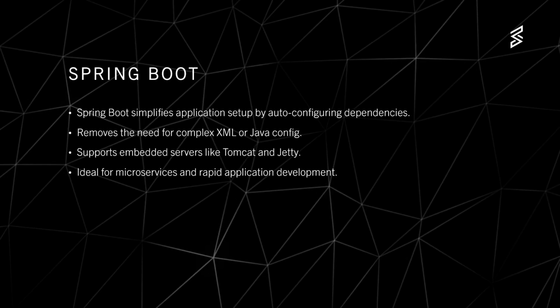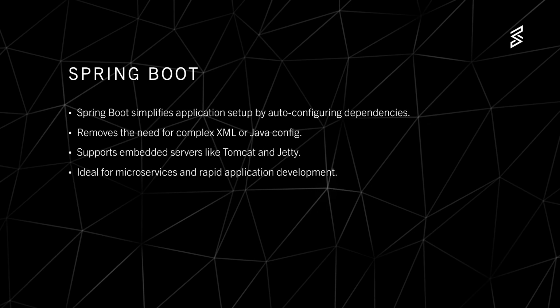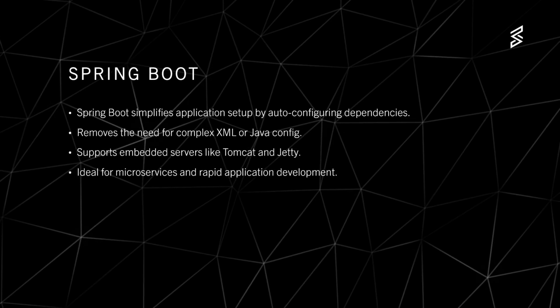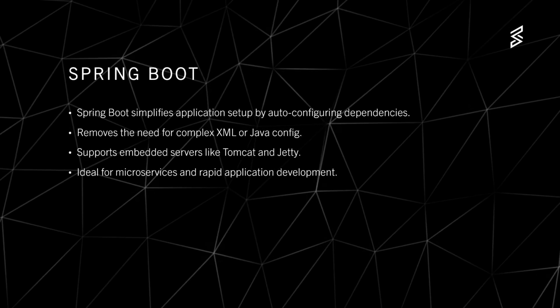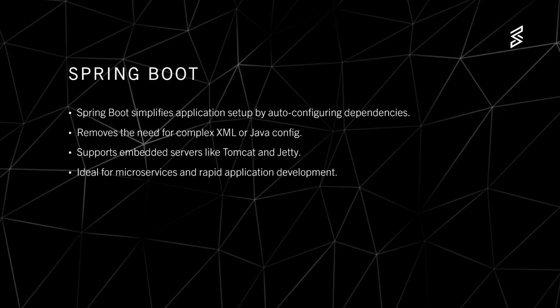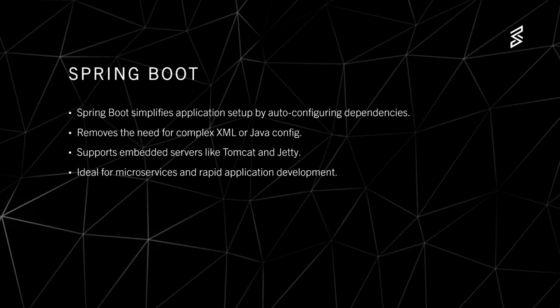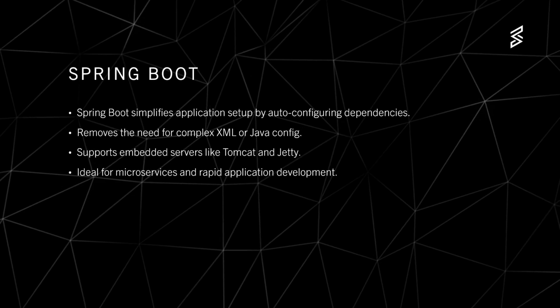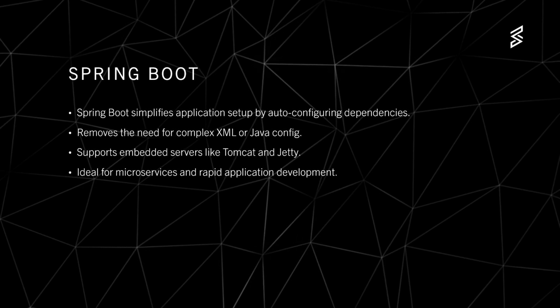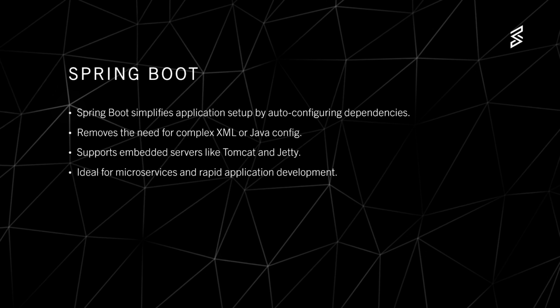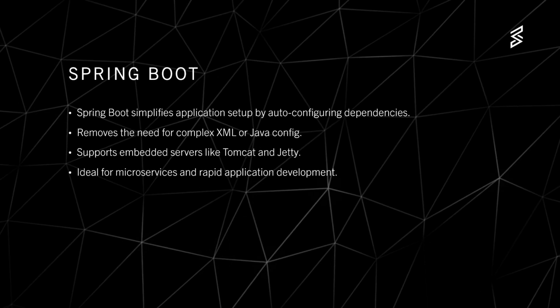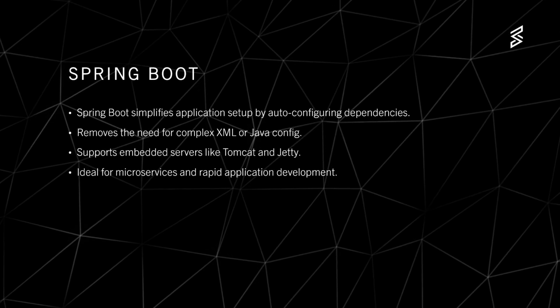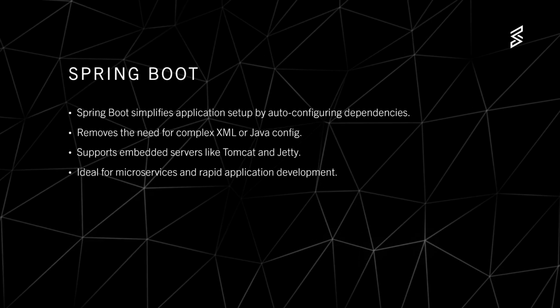Spring Boot. Finally, let's look at Spring Boot, which is a game-changer for modern Java development. Before Spring Boot, setting up a Spring app involved a lot of manual configuration, XML files, classpath settings, and more. Spring Boot removes all that by providing auto-configuration, starter dependencies, and an embedded server like Tomcat or Jetty.